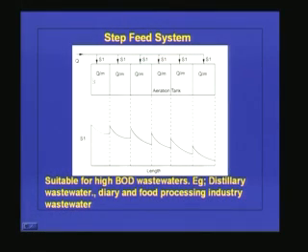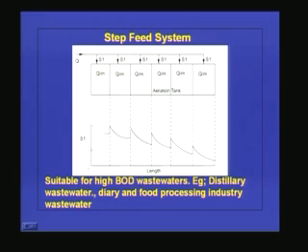Here we can see it clearly. Q is coming and is divided into M parts, and each Q by M enters different compartments. This is the aeration tank. We are assuming that it has M compartments, though there will not be any physical division like this. Q by M comes with a BOD of S1, and Q by M also goes to the second compartment, the third, and even the Mth compartment.